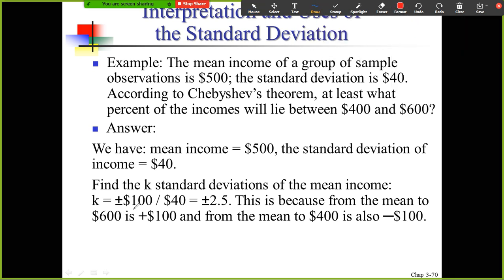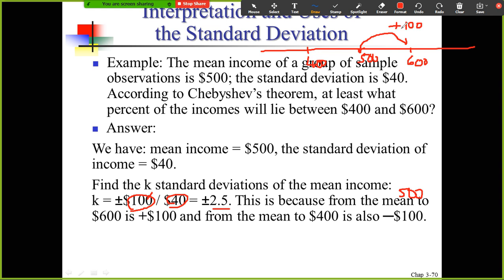Okay, K equals 100 divided by 40, so equal to 2.5. Maybe you can ask, why do we take 100? How to get that 100? This is because from the mean of 500 to 600, it is increasing 100, plus 100.